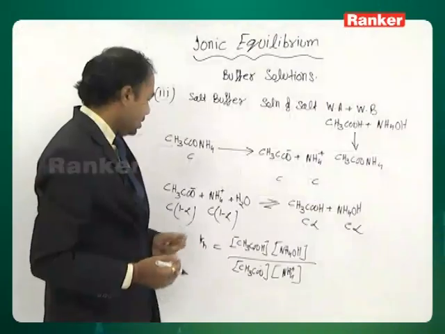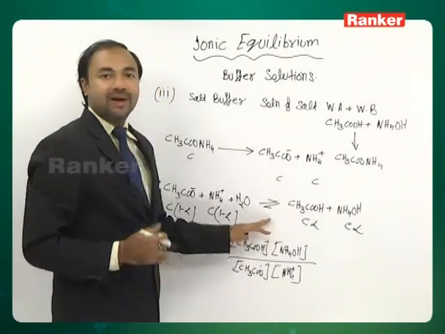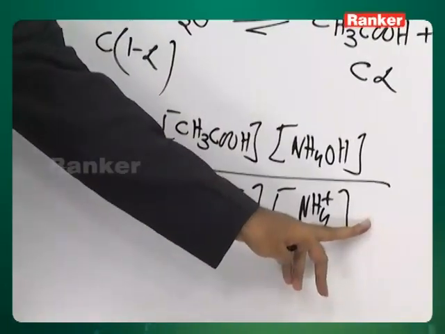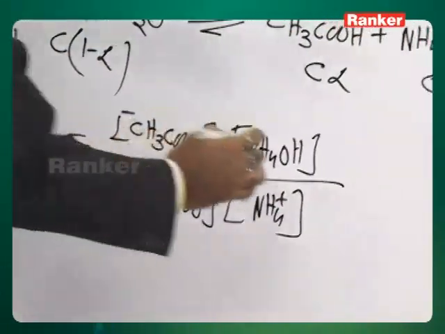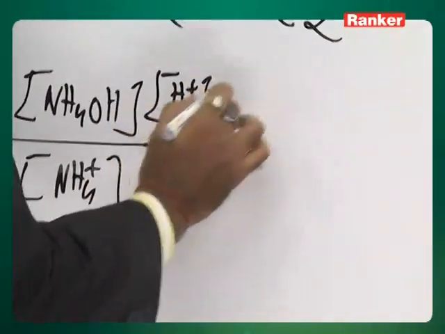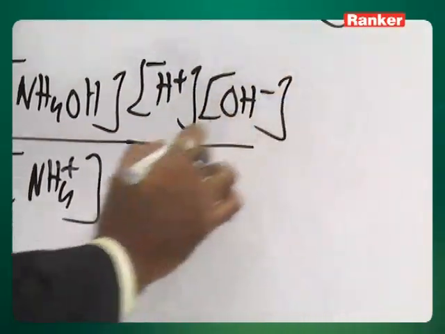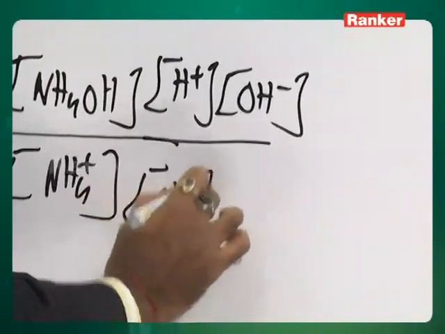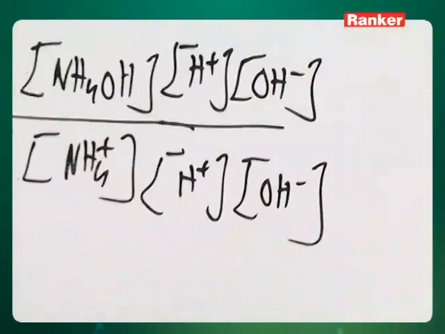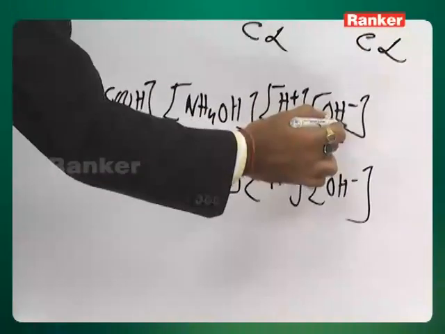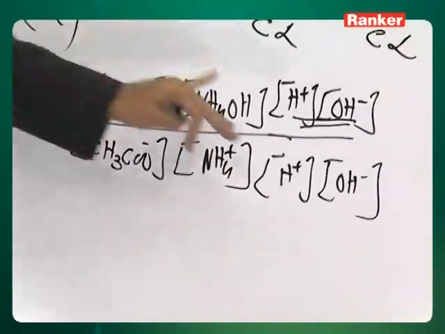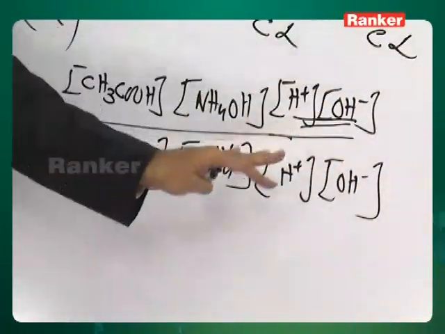Right. Now, for simplicity, what we do here is that on both sides we multiply with H plus OH minus. So the equation becomes H plus OH minus upon H plus OH minus. Now, see, if you see this part, this is nothing but Kw, right? Concentration of H plus into OH minus is nothing but Kw.